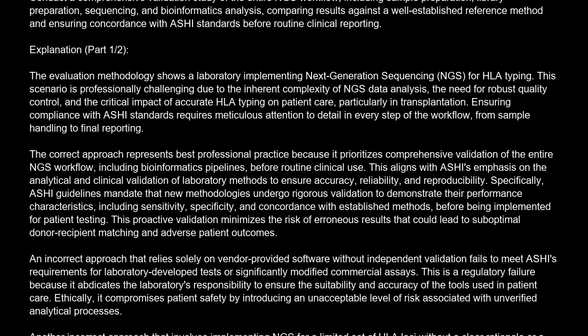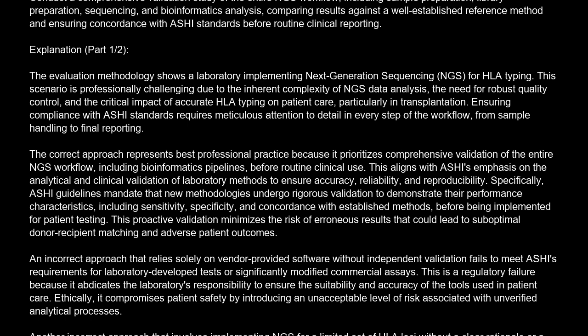Specifically, ASHI guidelines mandate that new methodologies undergo rigorous validation to demonstrate their performance characteristics, including sensitivity, specificity, and concordance with established methods, before being implemented for patient testing. This proactive validation minimizes the risk of erroneous results that could lead to suboptimal donor-recipient matching and adverse patient outcomes.